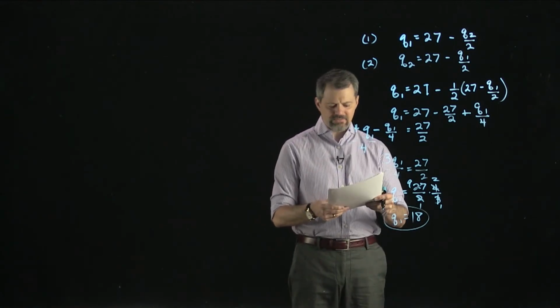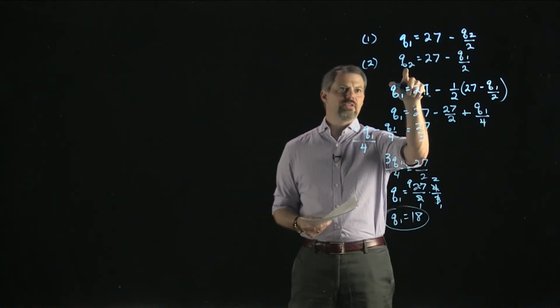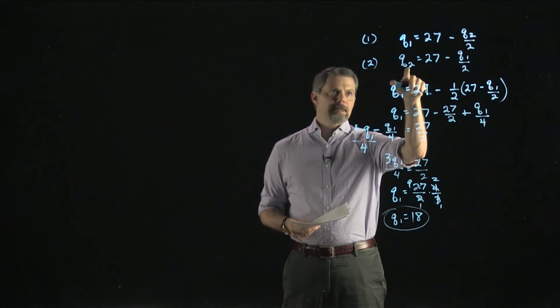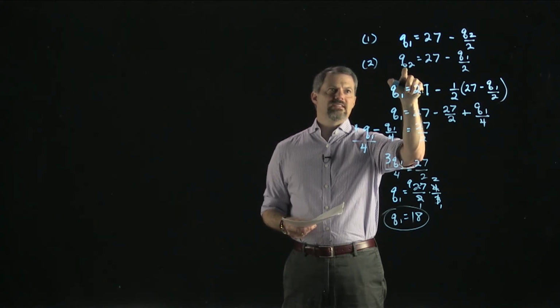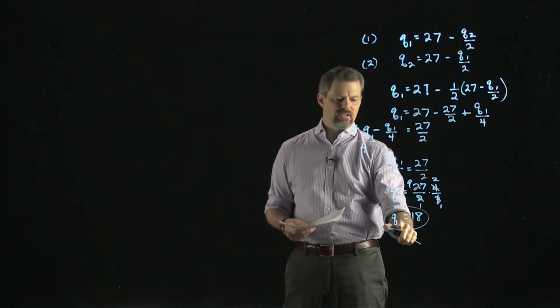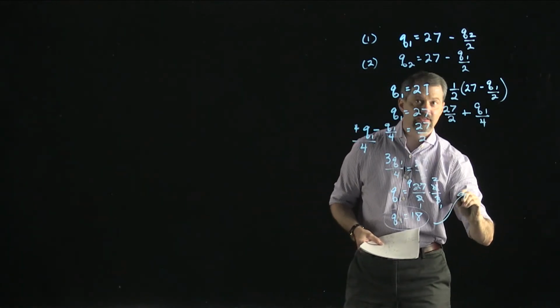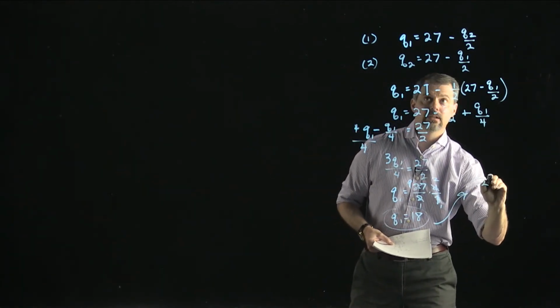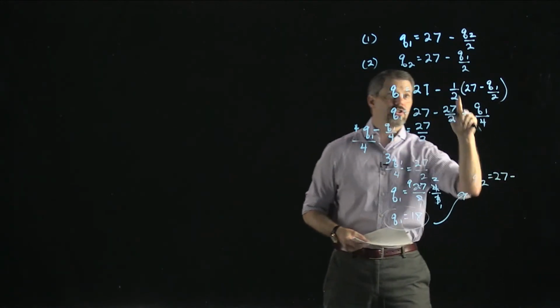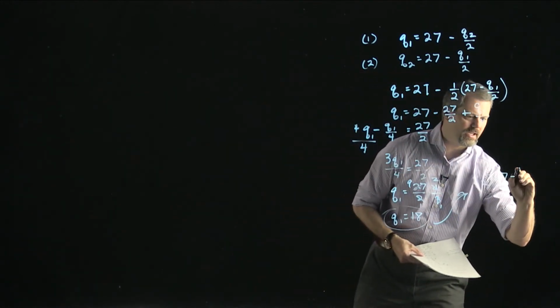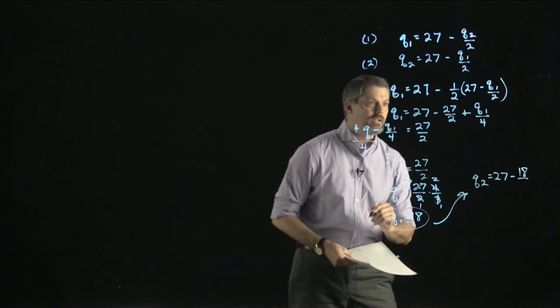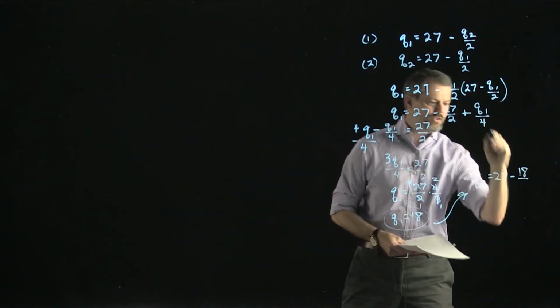Now we can easily figure out what Q2 is going to do, because we can take this quantity for Q1 of 18 and plug it right into here. So this gives us Q2 equal to 27 minus Q1, which we just solved for as 18, divided by 2.